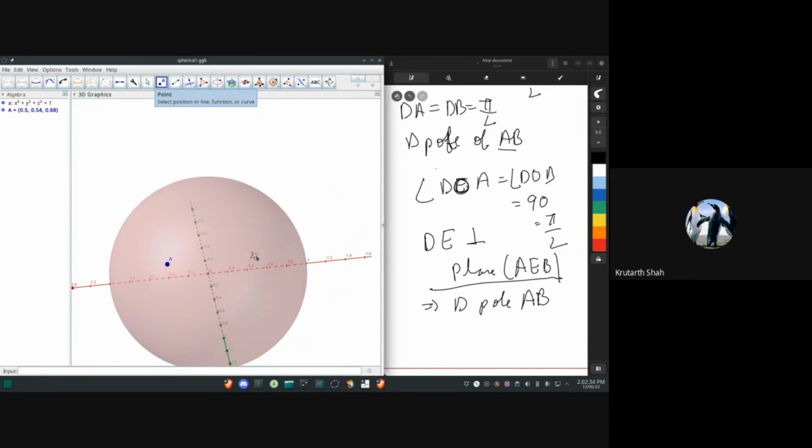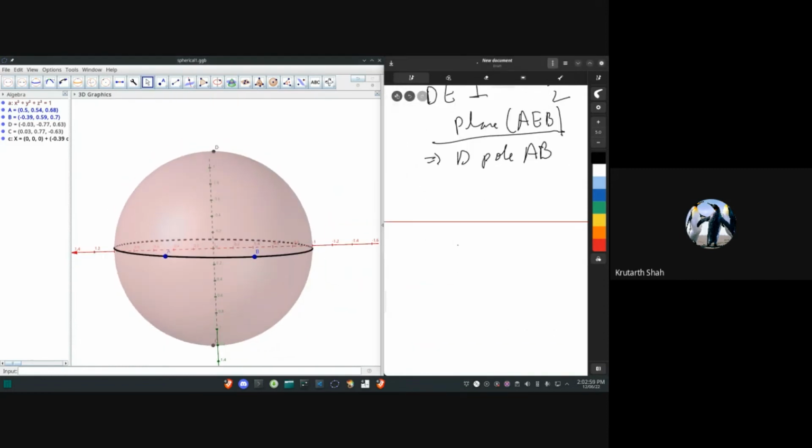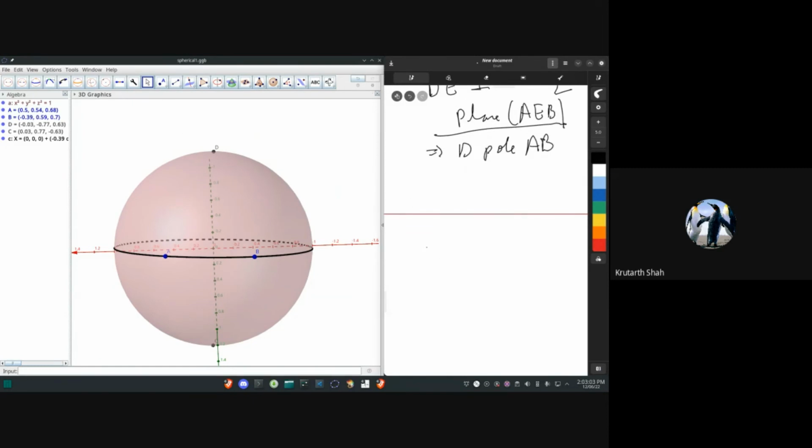If I have 2 points A and B, and if I consider the line passing through them, and if I consider their pole D, then the arc length AB equals the angle at D. Note that this angle is spherical, so it is the angle between the tangents.